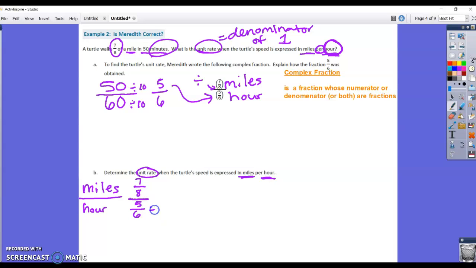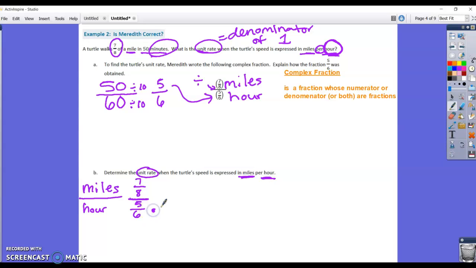So we have to divide by 5/6. Actually, take that back. That's not incorrect, but we need to learn that we can multiply by the reciprocal as well.